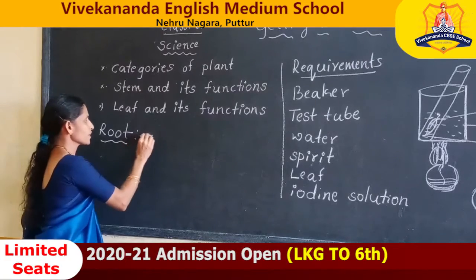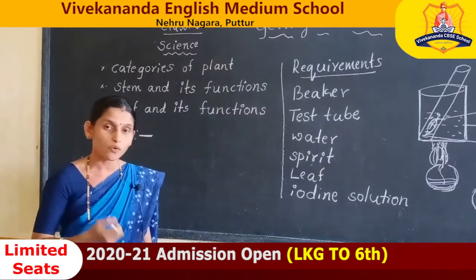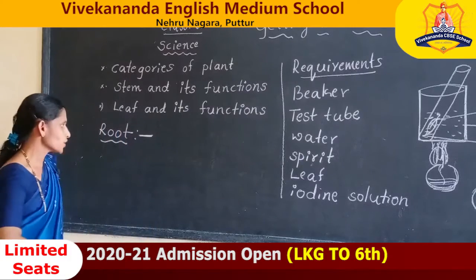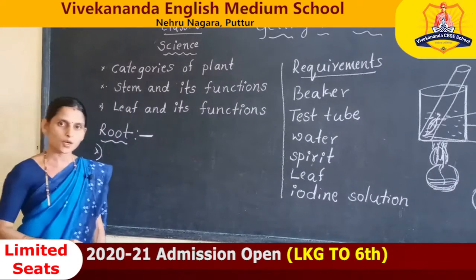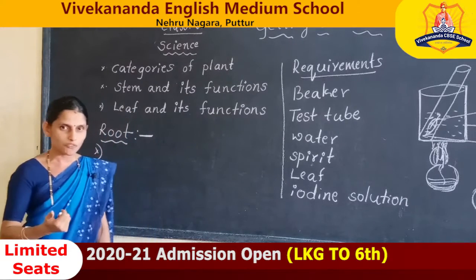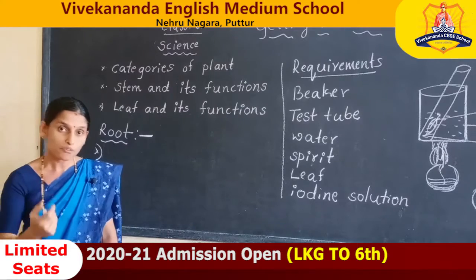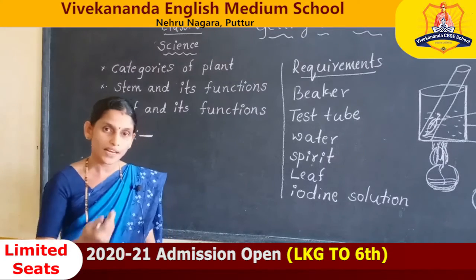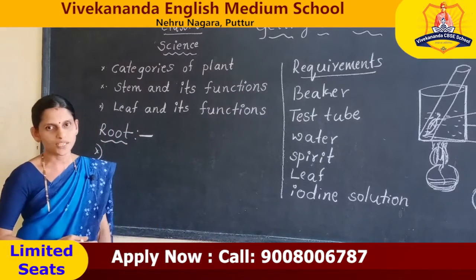Without roots plants cannot live, cannot take water from the soil. Root helps in absorbing water and minerals from the soil. Next, root helps in fixing the plant firmly to the soil, or anchorage; it anchors the plant to the soil.